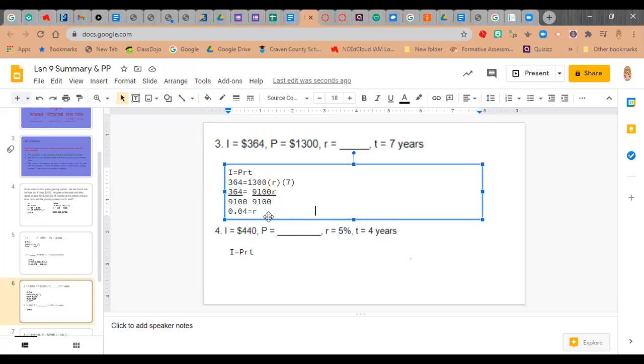Percentage. Good. So this is in decimal form. What is it as a percentage? 4%. There you go. Questions on how I did that one?